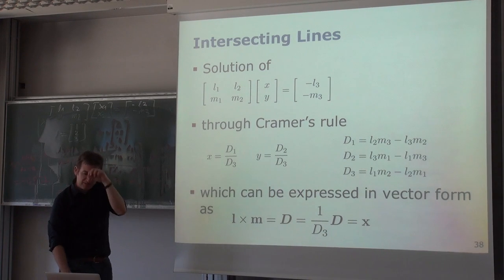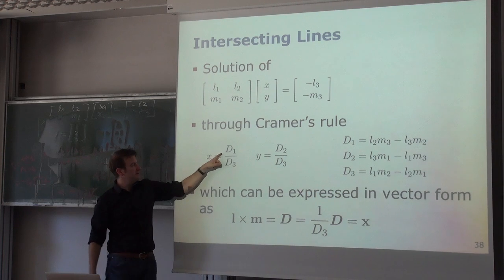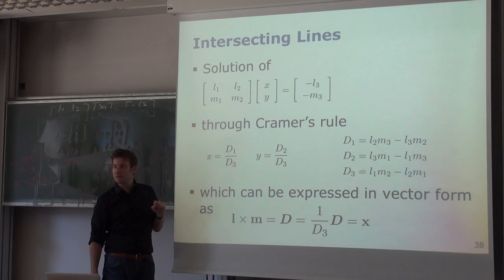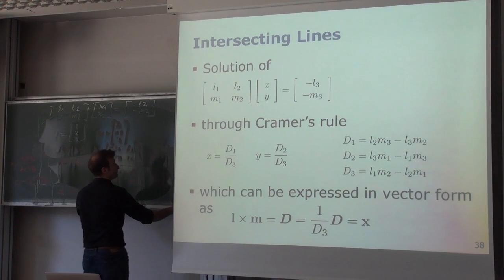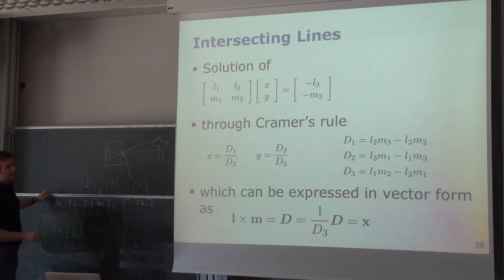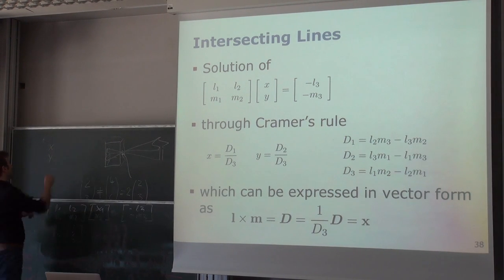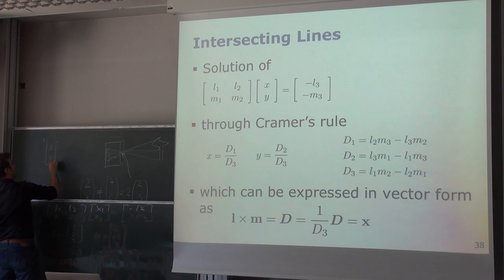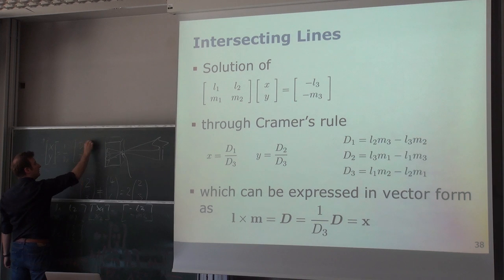So the interesting part comes now. What I've written in here, so x and y, the solution, can be expressed if I write this as a vector. x, y is 1 divided by d3, d1, d2.